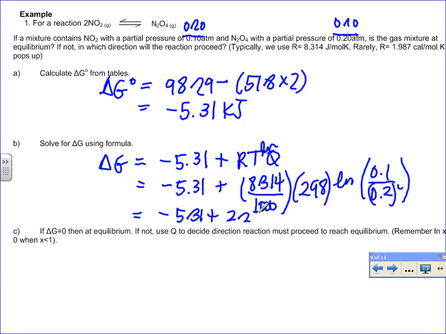Okay, so this is plus 2.27, so it's equal to negative 3.03.